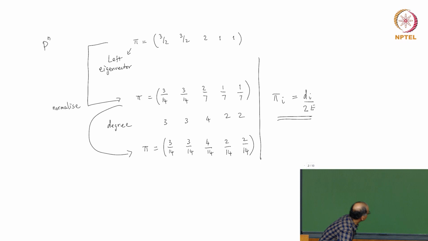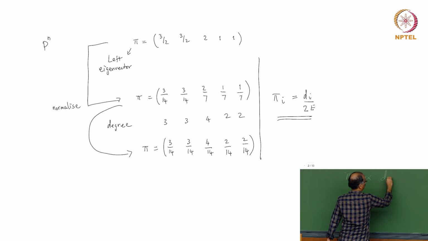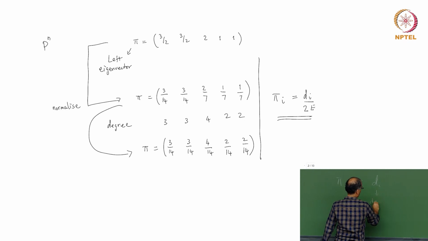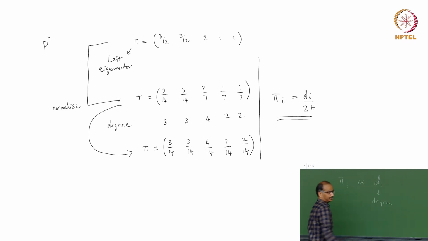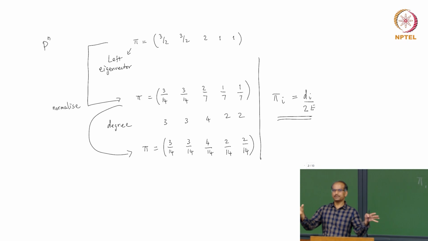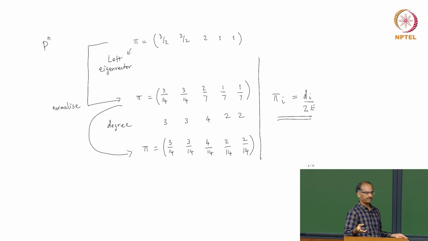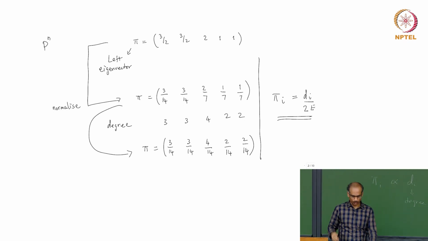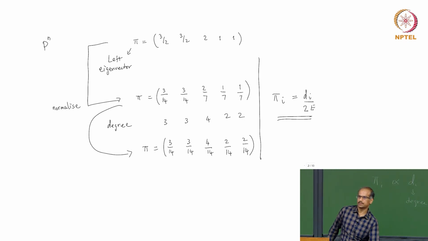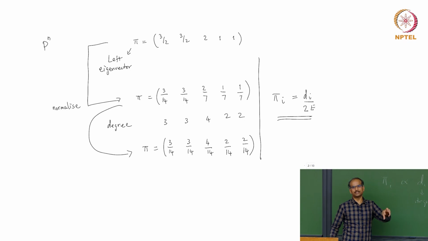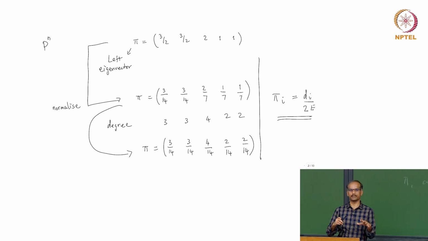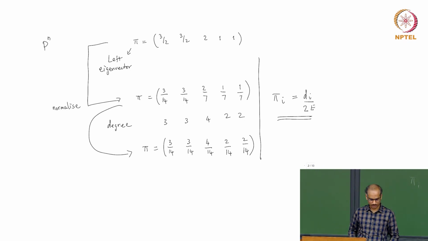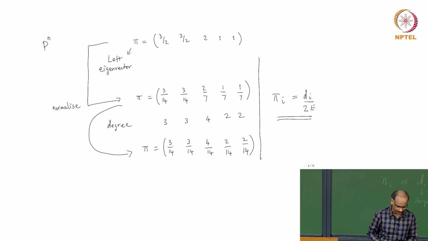So if you have a large graph and put in a large number of random walkers, the probability of attracting more walkers to the ith node is proportional to the degree. So the larger the degree, the more walkers are going to come there. That's what this is telling you.